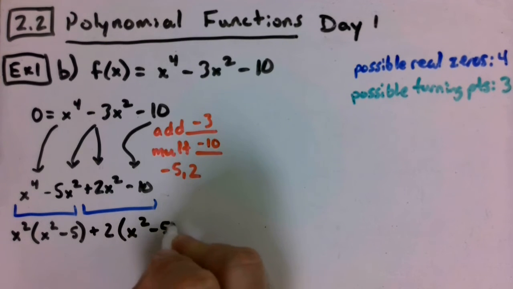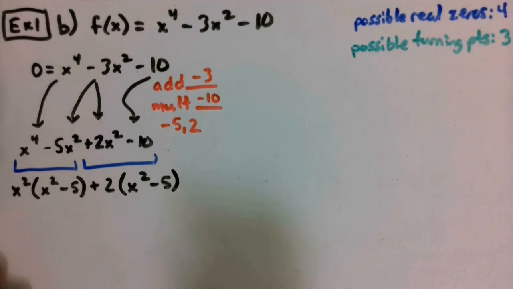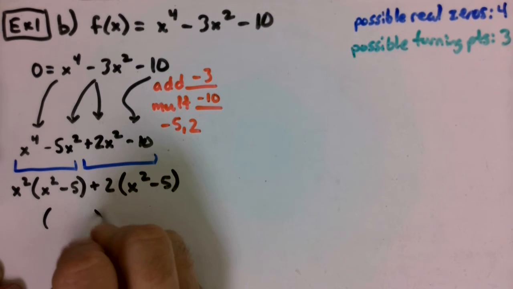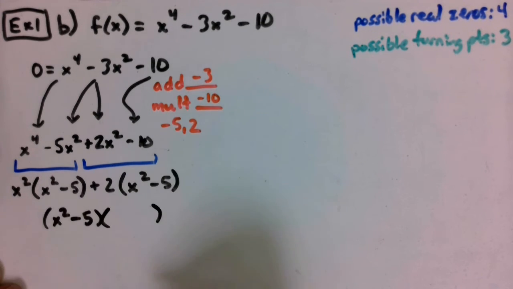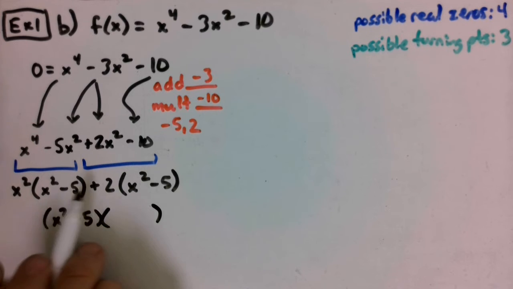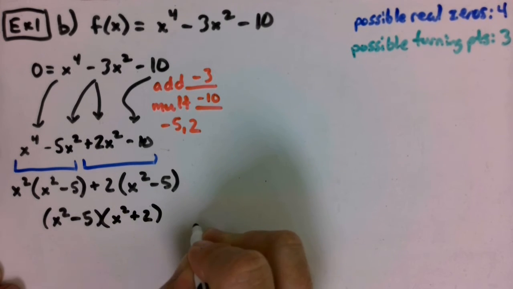When I do that, I have an x squared minus 5 in those parentheses also, which matches the other set, and that means this did factor. It factored into x squared minus 5, our match set, and the other set of parentheses is what we factored in front, which is x squared plus 2.